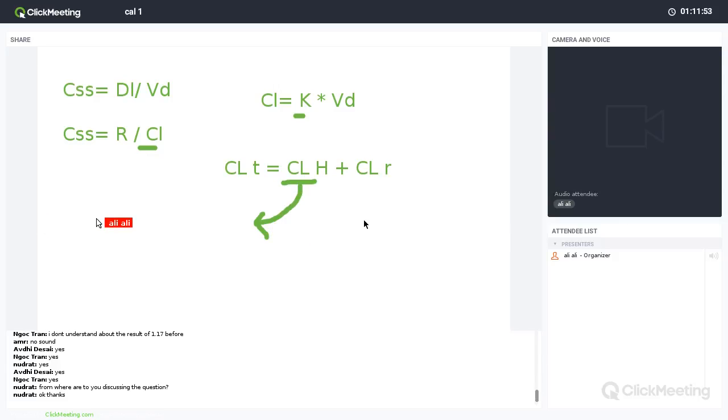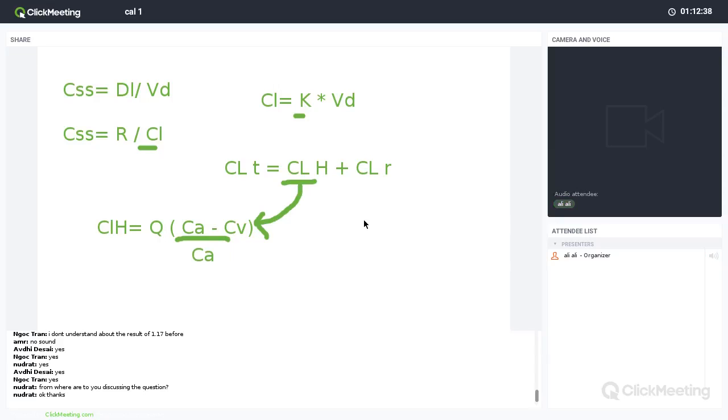The hepatic clearance equals Q, which is the amount of blood introduced to the liver, multiplied by the concentration of the drug in the artery minus the concentration of the drug in the vein, divided by the concentration of the drug in the artery. This is called the extraction ratio.